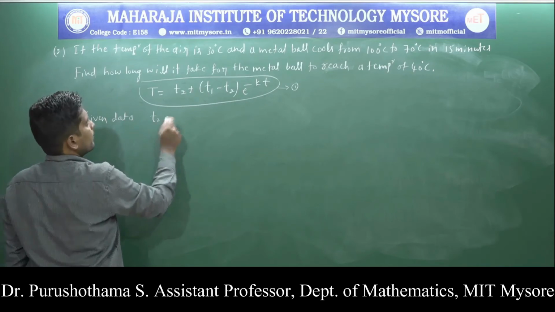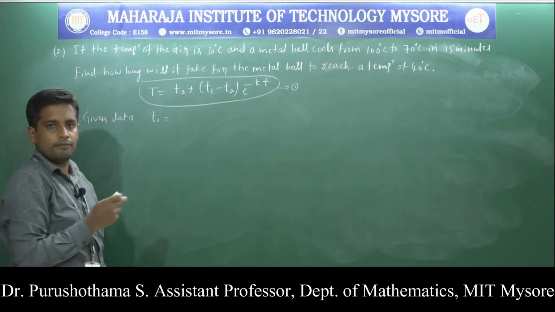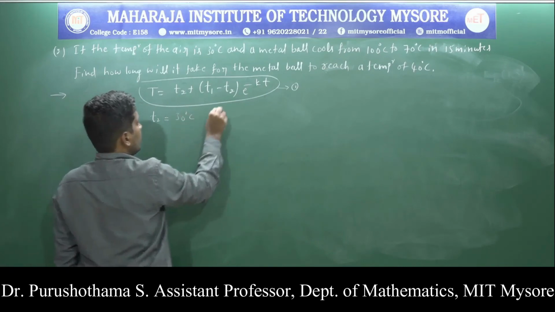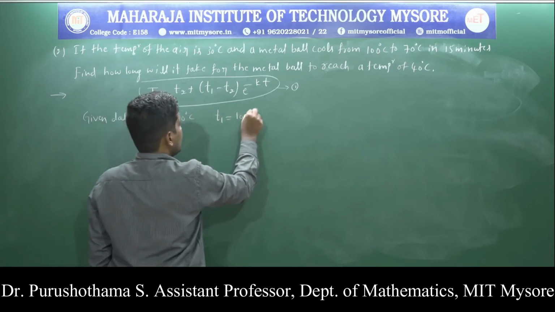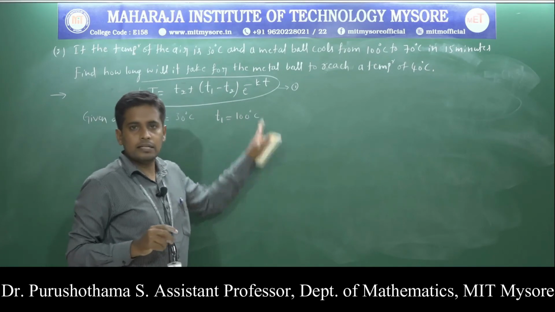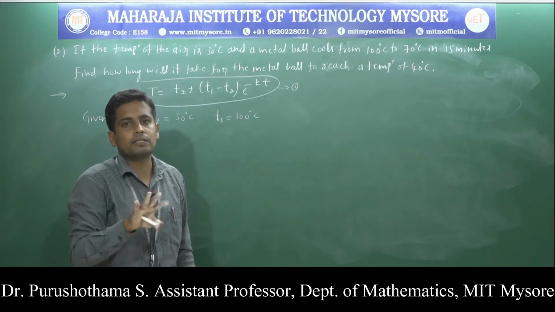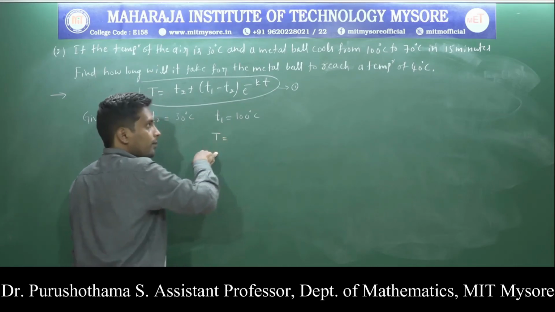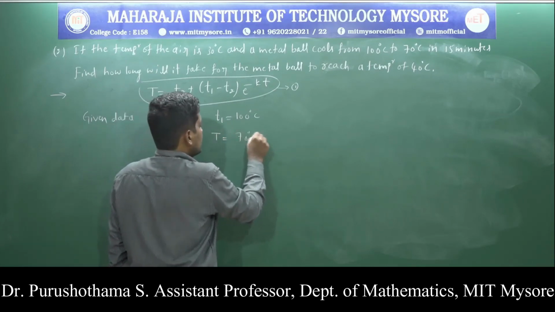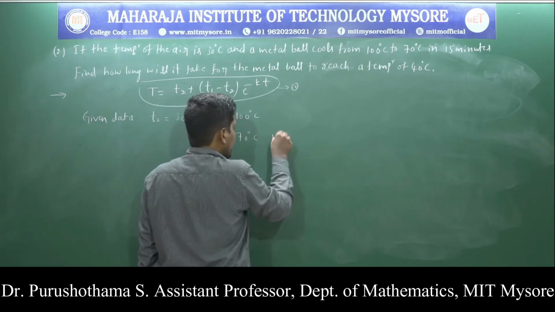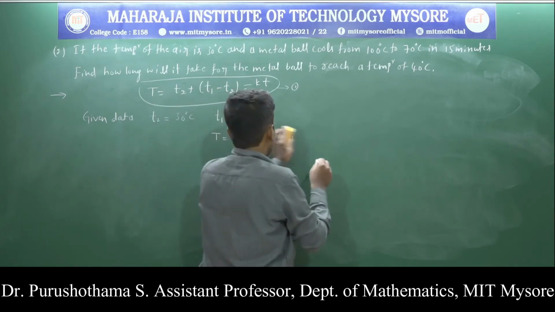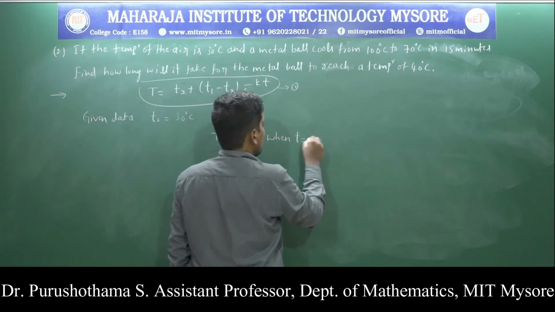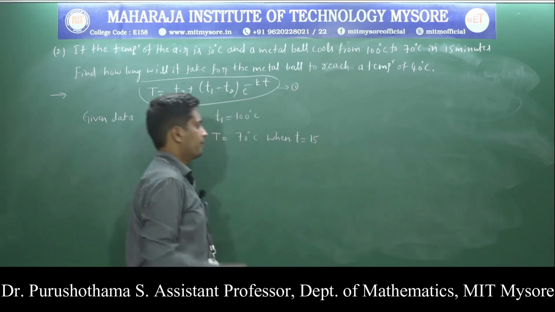T2, the surrounding temperature of the metal ball, is 30 degrees Celsius. T1 is equal to 100 degrees Celsius, the initial temperature of the metal ball, and capital T is equal to the temperature of the metal ball, 70 degrees Celsius, when t equals 15 minutes.